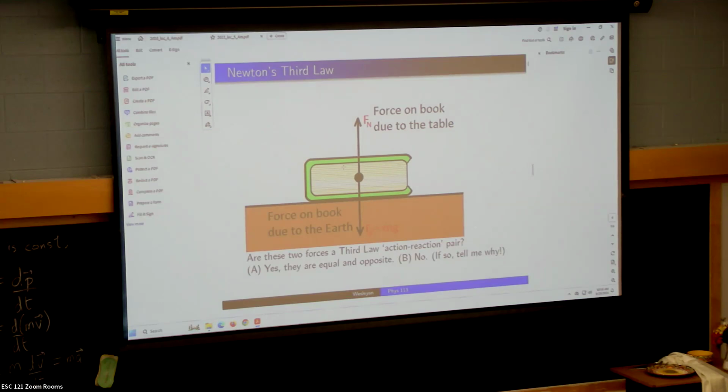So the force of gravity is the force of the earth on the book, and the reaction to that would be... There always have to be two objects that affect each other. Are they actually the same type of force? The force that the book exerts on the table is also gravity.